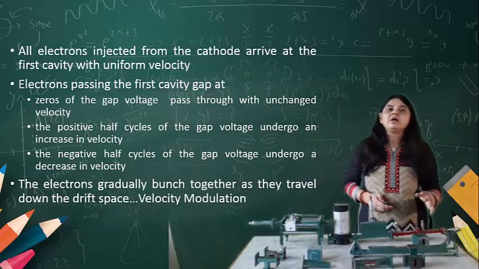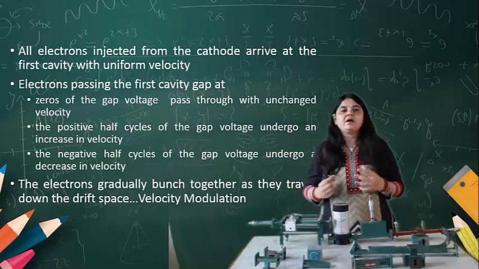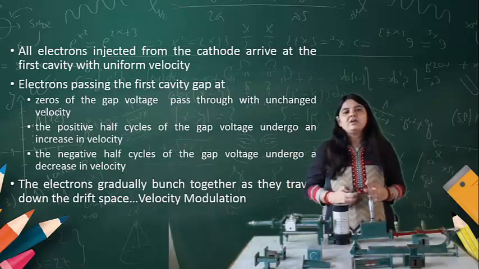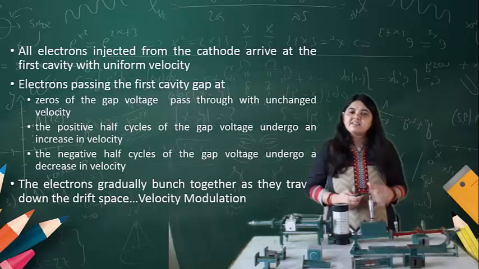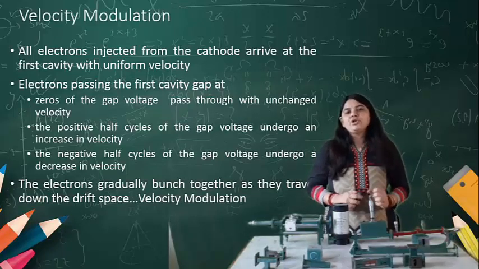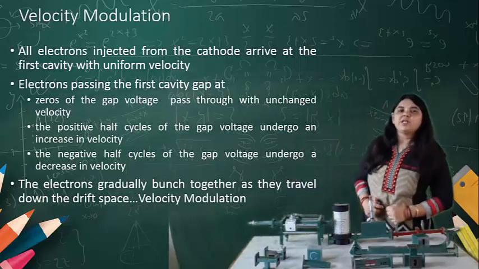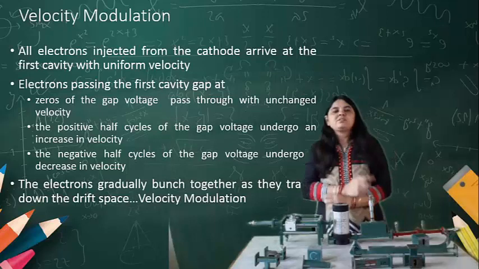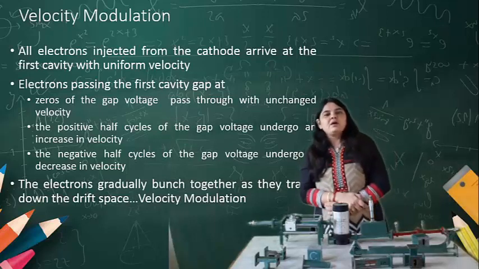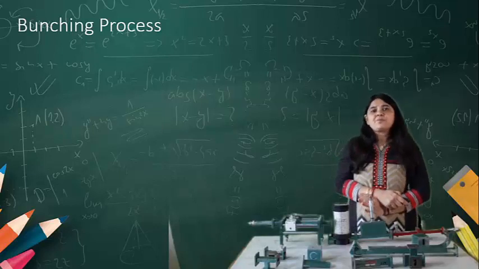So this way the electrons gradually bunch together as they travel down the drift space, and this is known as velocity modulation. This is the fundamental of velocity modulation, which is used in the klystron.